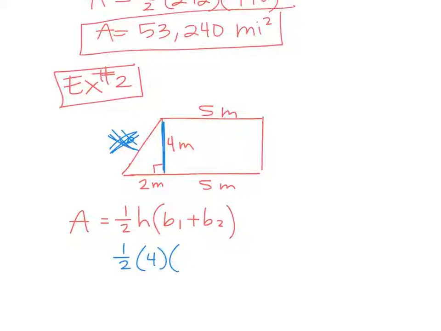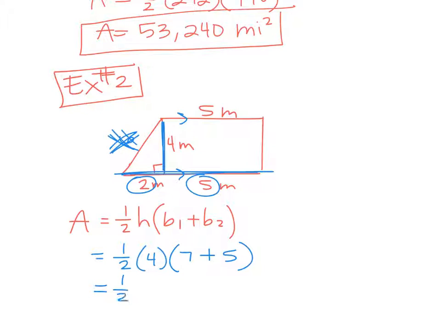It's not 5 and 5. It's 5 and 7, right? You have to do this whole side. So if they break it up, just add those together as your one base, okay? So 7 is one base, 5 is the other. So 1/2 times 4 times 12.